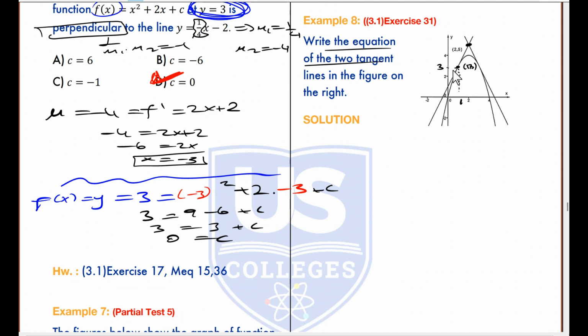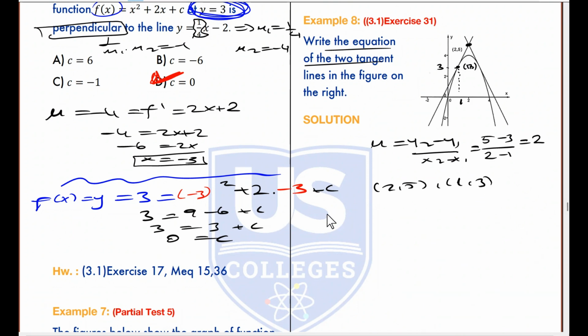If you know 2 points, you can find the slope, right? y2 minus y1 over x2 minus x1. So 5 minus 3 over 2 minus 1, which is 2 over 1, which is 2. So I got my slope. I know the points (2, 5) and (1, 3). Use one of them and write the equation. y minus, let me use this one, y1, which is 3, equals m, 2, times x minus x1, 1.